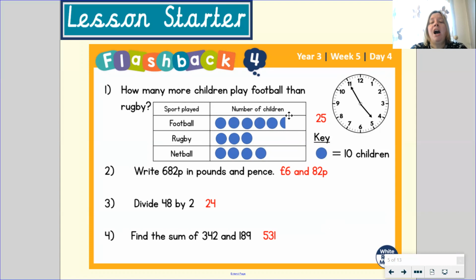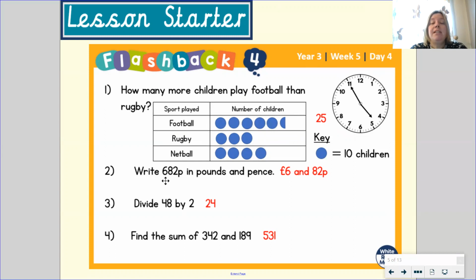And I've got half a circle, so that represents 5 children. So 55 children play football. Let's count how many children play rugby. 10, 20, 30. So I needed to take 30 away from 55, which would give me 25.